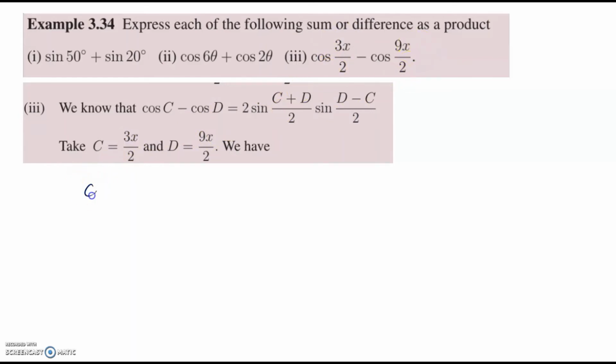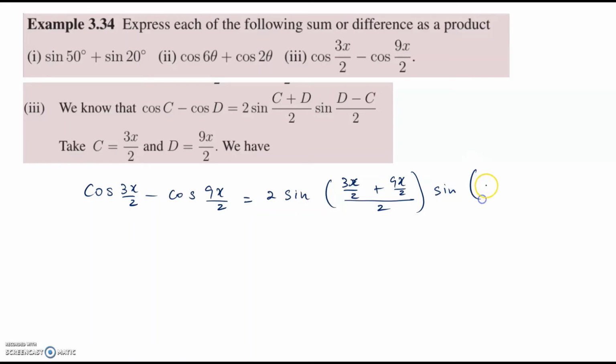So we have cos 3x by 2 minus cos 9x by 2 is equal to 2 times sine((3x by 2 plus 9x by 2) divided by 2) into sine((9x by 2 minus 3x by 2) divided by 2).